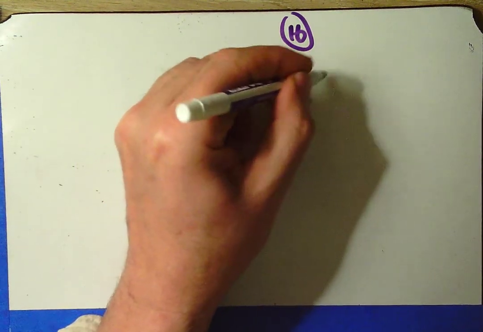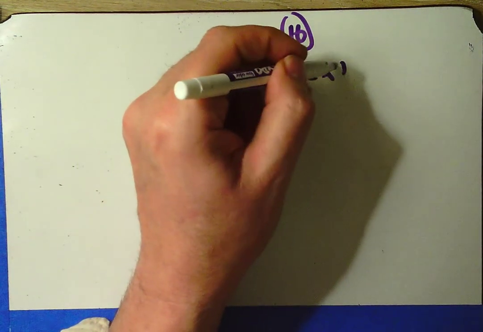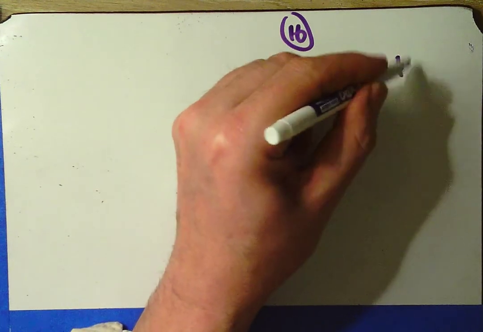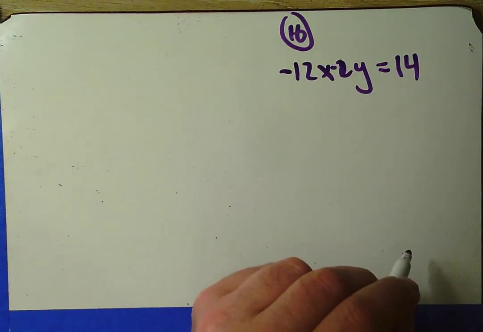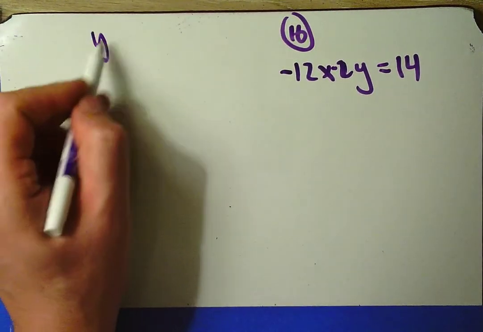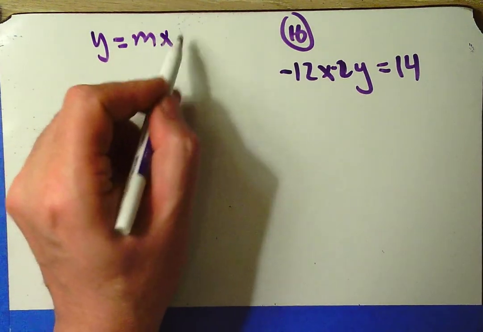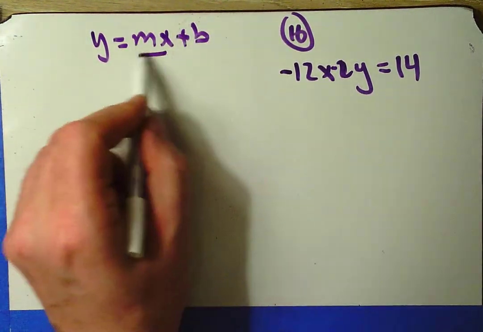Problem number 16. What is the slope of the line given negative 12x minus 2y equals 14? Well, we talked earlier about slope being easy to read if I'm in slope-intercept form.